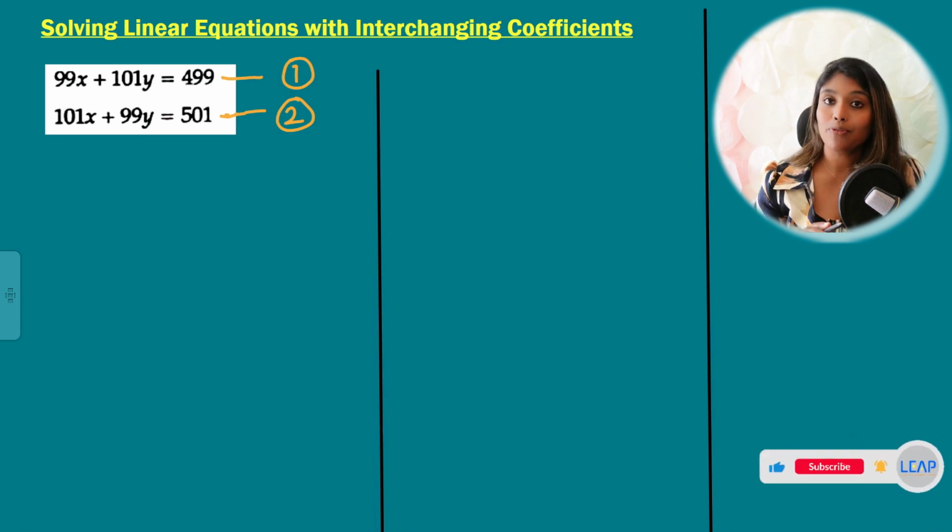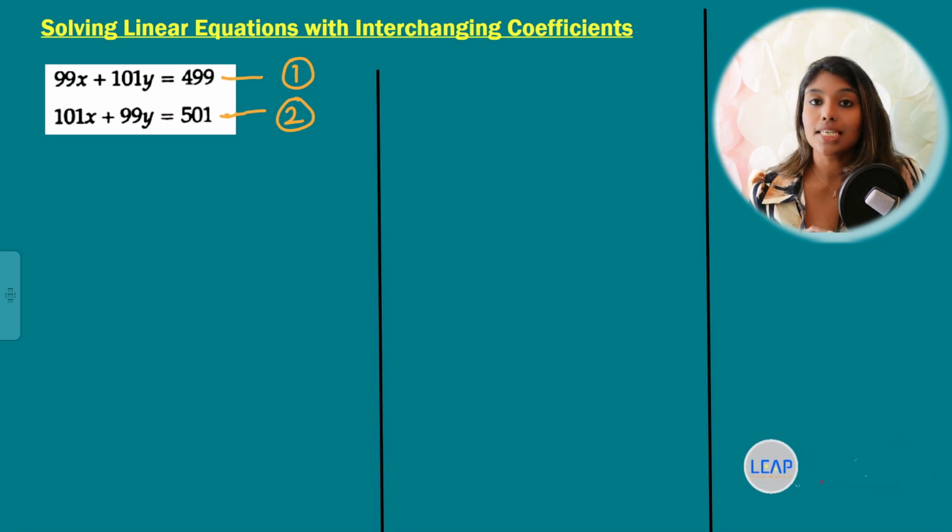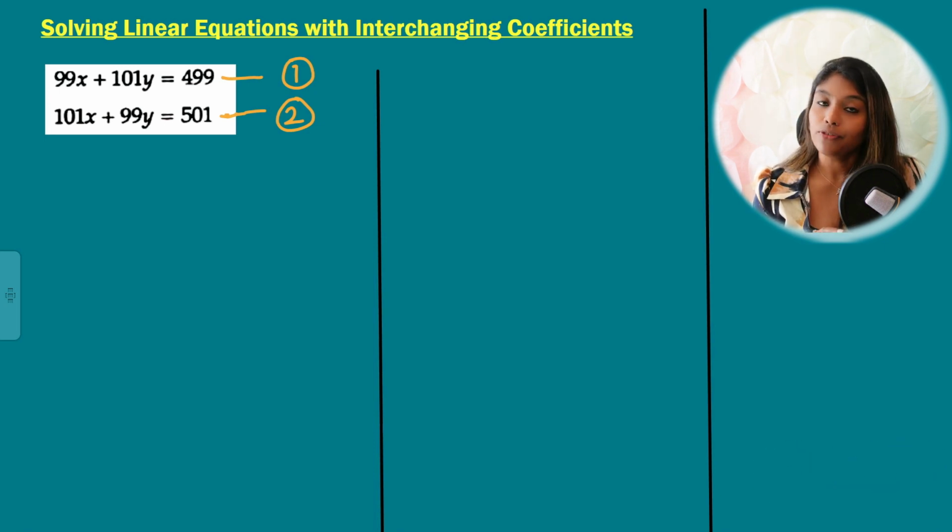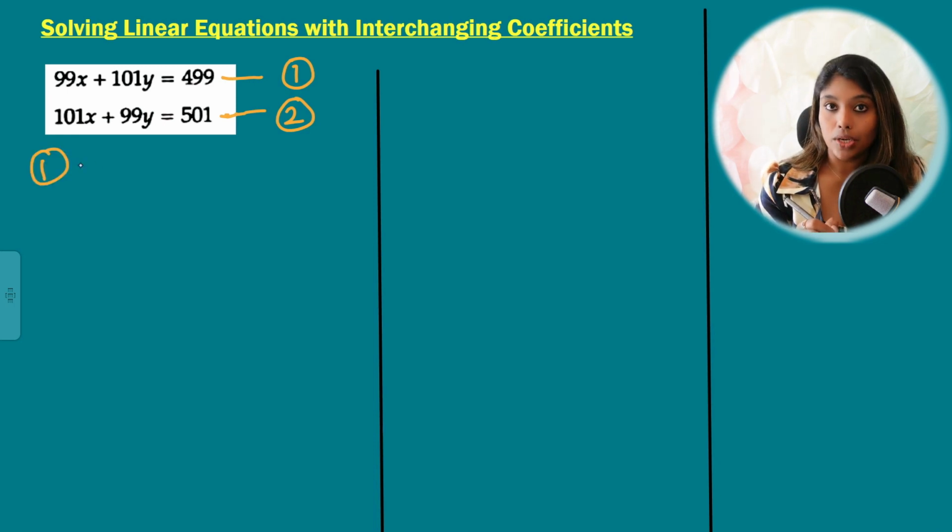So there is a specific way in which these equations can be solved to find the value of x and y. If you try solving using the substitution method or elimination method, it can be quite taxing and lengthy. So let's see how to solve these types of equations. The very first step is adding both the equations.